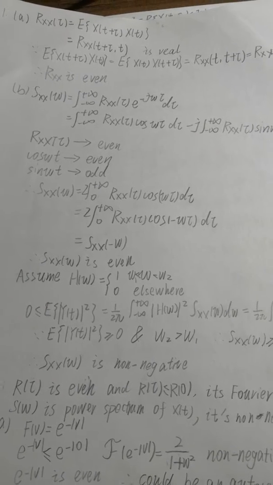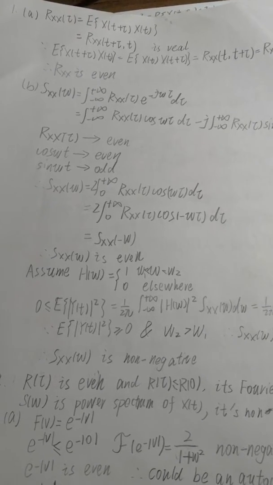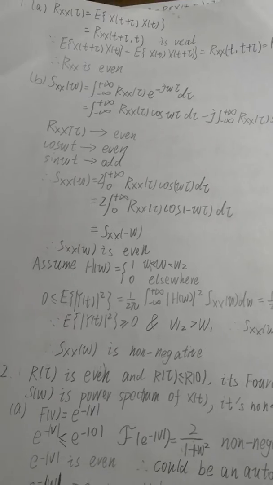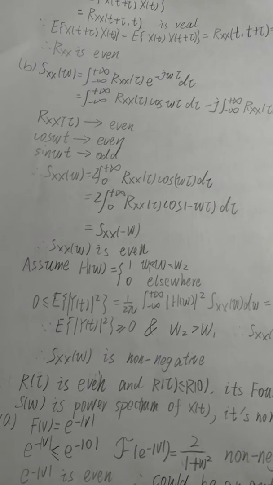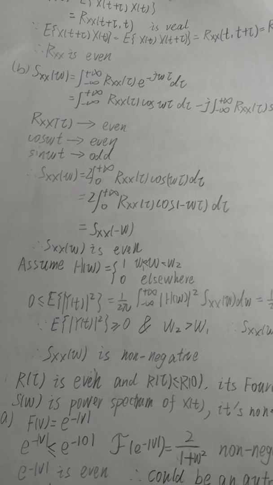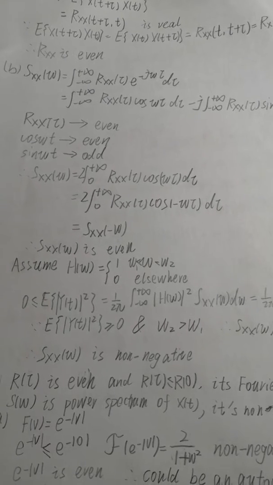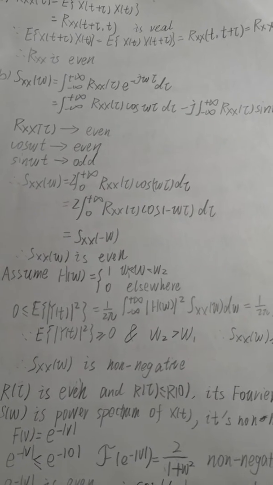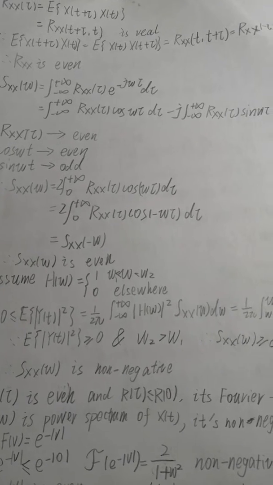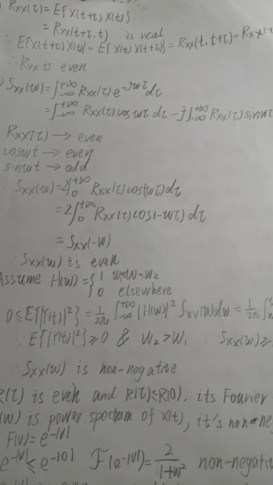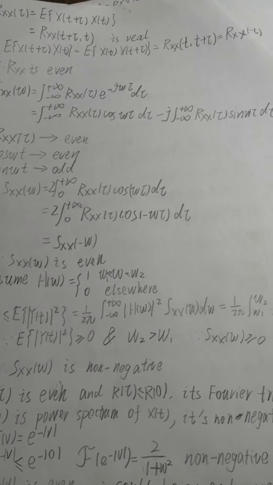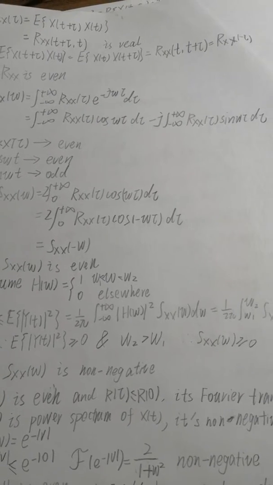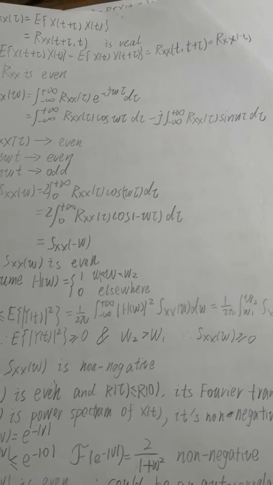The second problem is that Sxx(omega) is even and non-negative. Sxx(omega) equals the integral from minus infinity to infinity of Rxx(tau) e to the minus j omega tau d tau, and this equals the integral of Rxx(tau) cosine(omega tau) d tau minus j times the integral of Rxx(tau) sine(omega tau) d tau.